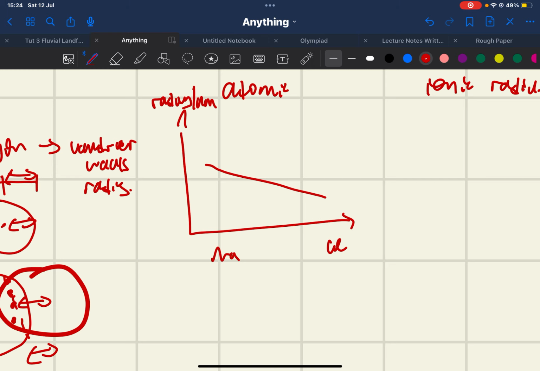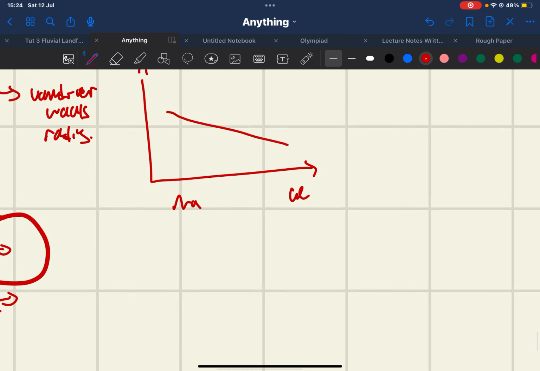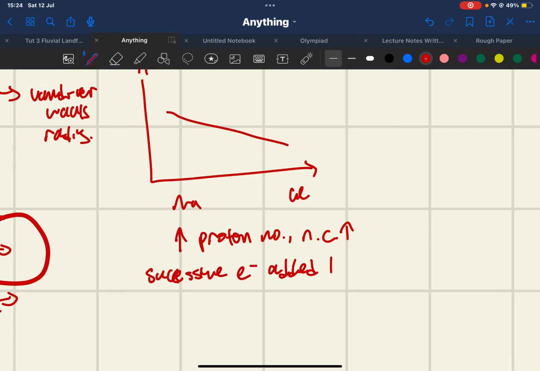Let me give you a little rundown of why it decreases. First of all, from sodium to chlorine, the proton number increases. So we know that the nuclear charge increases. But successive electrons are added to the same, keyword is same, outermost valence electron shell.